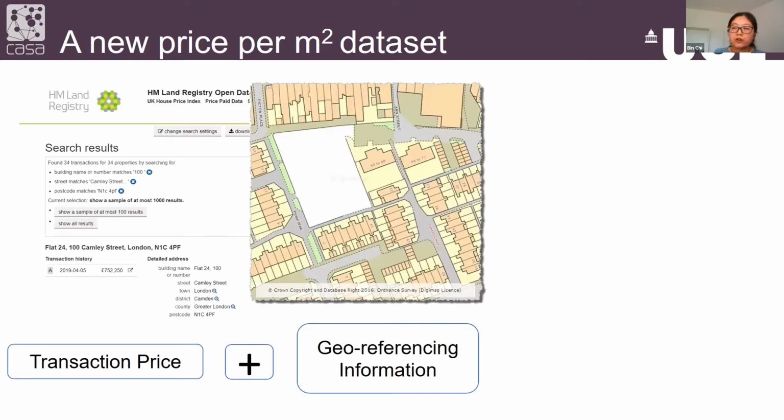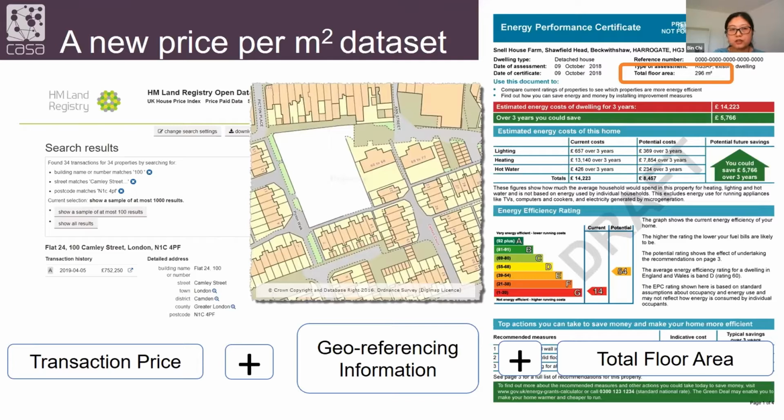Then we added the floor size information from the Energy Performance Certificate data, which is EPC data. Through this process, we are able to get a house price per square meter dataset. We are able to georeference 98% of the Land Registry Price Paid data, and when we further add the floor area information, the matching rate reduces to 92%.